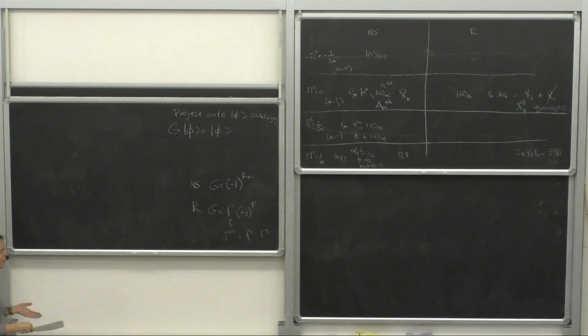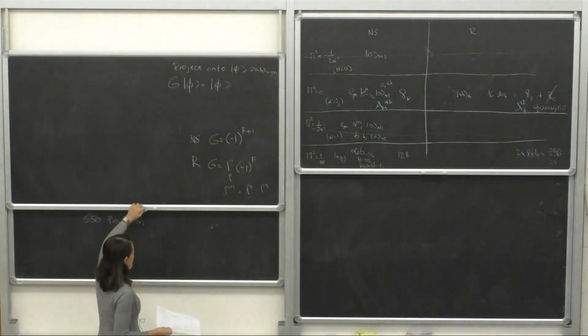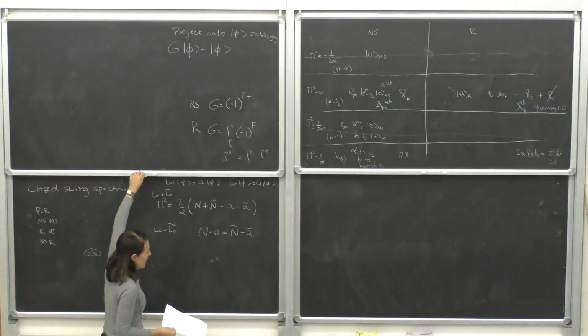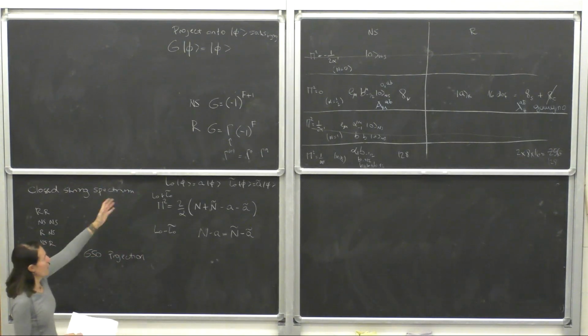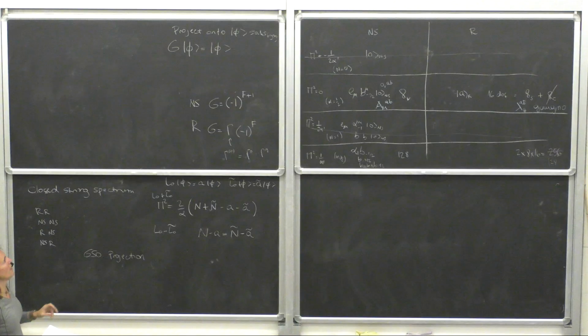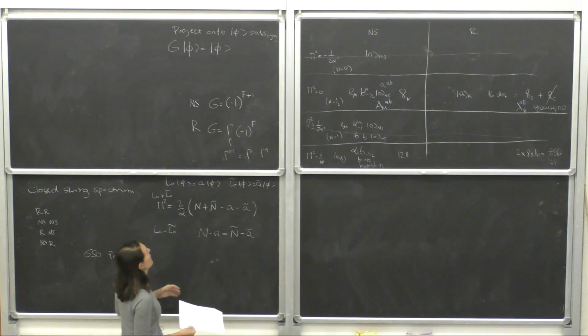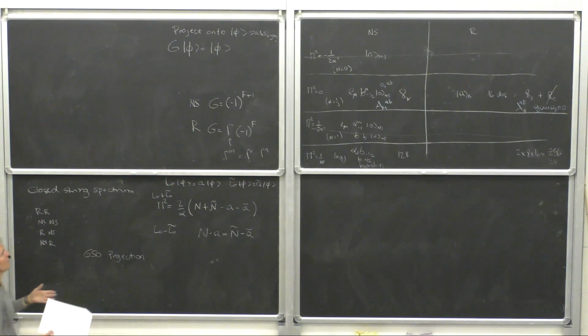In the closed string, without loss of generality, I can take on the left the convention that I'm taking states that have a positive eigenvalue under this G. But then on the right, I can do two things. I can take the spectrum that has positive chirality for the vacuum on the right, or the one that has negative chirality.